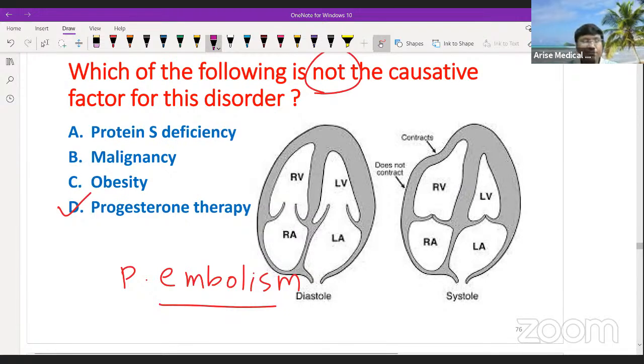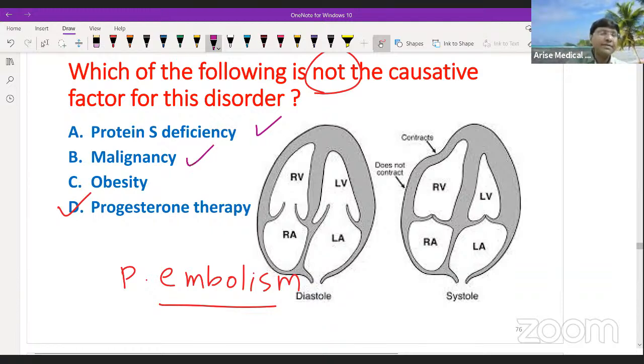Pulmonary embolism is seen in protein C deficiency, protein S deficiency, and antithrombin 3 deficiency. Next, malignancy, remember, it is a hypercoagulable state.